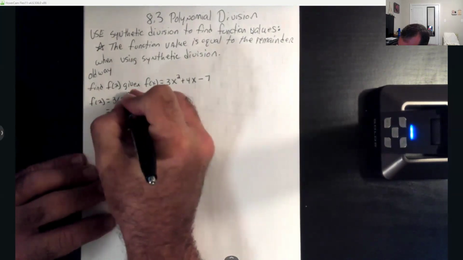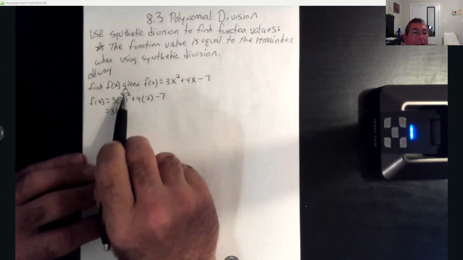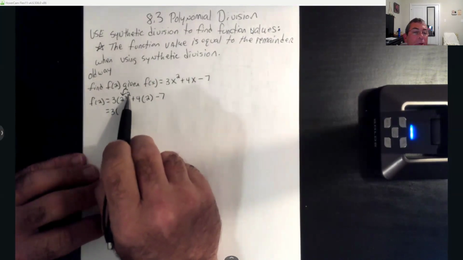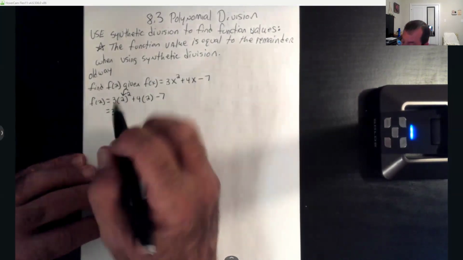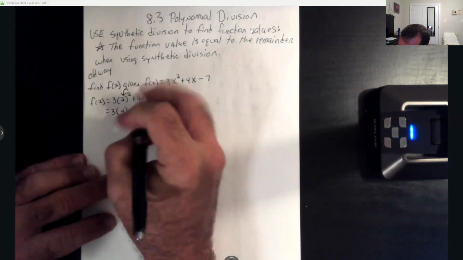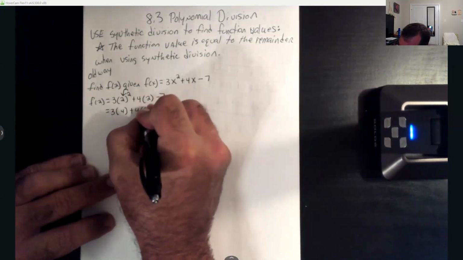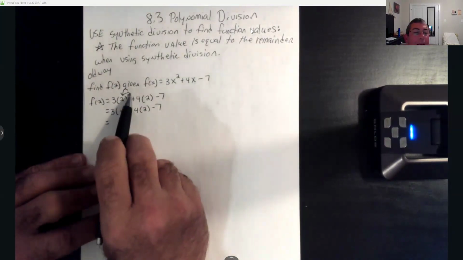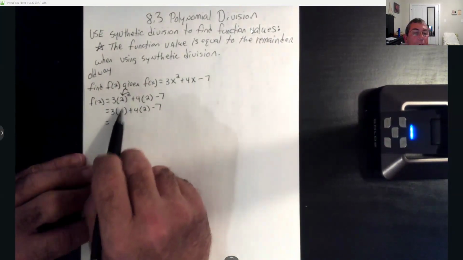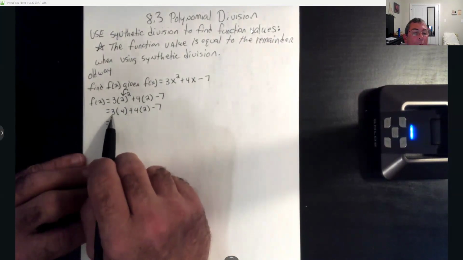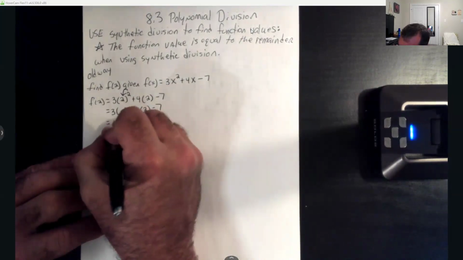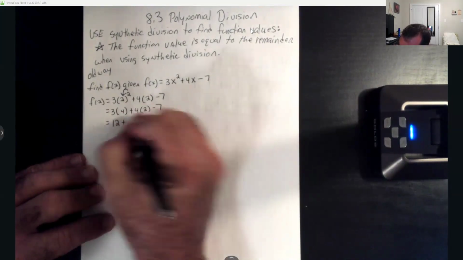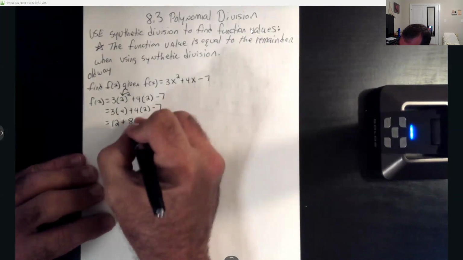So bring that 3 down. The first step is the exponent. So 2 squared would be 2 times 2, which is 4. I'm only doing that one step, so I'm bringing everything else down. Now I'm going to multiply this 3 by 4 and get 12. Plus 4 times 2 is 8.